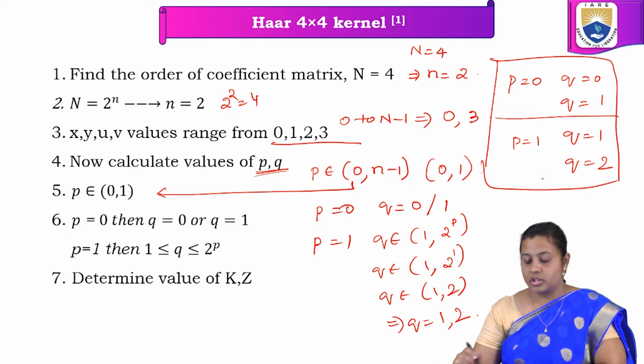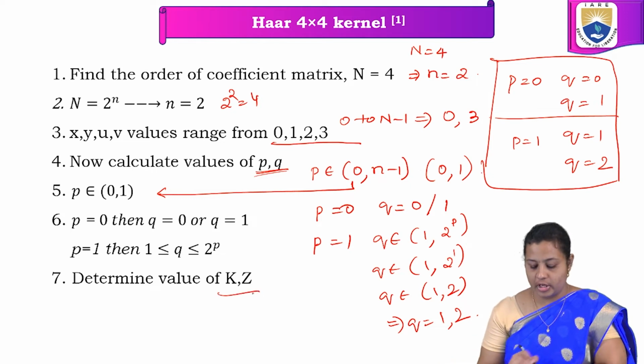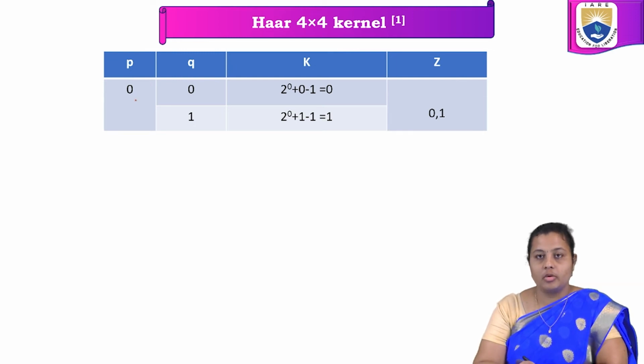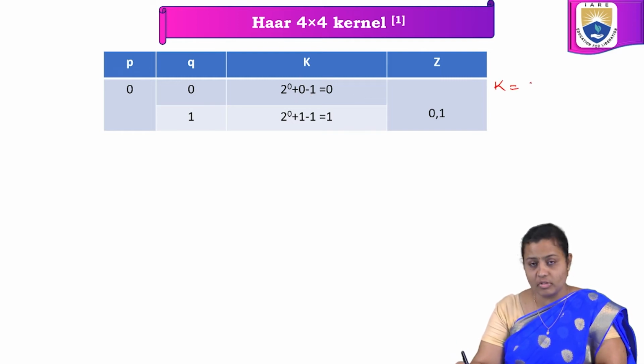Now, based on this, we have to calculate the value of K and capital Z. So, like in our previous slide, how we have calculated in the form of table. Let me go here. Right? So, when P is equal to 0, Q is equal to 0, 1. Right? So, how is capital K given? K is given by 2 power P plus Q minus 1. So, the same formula we are using here.